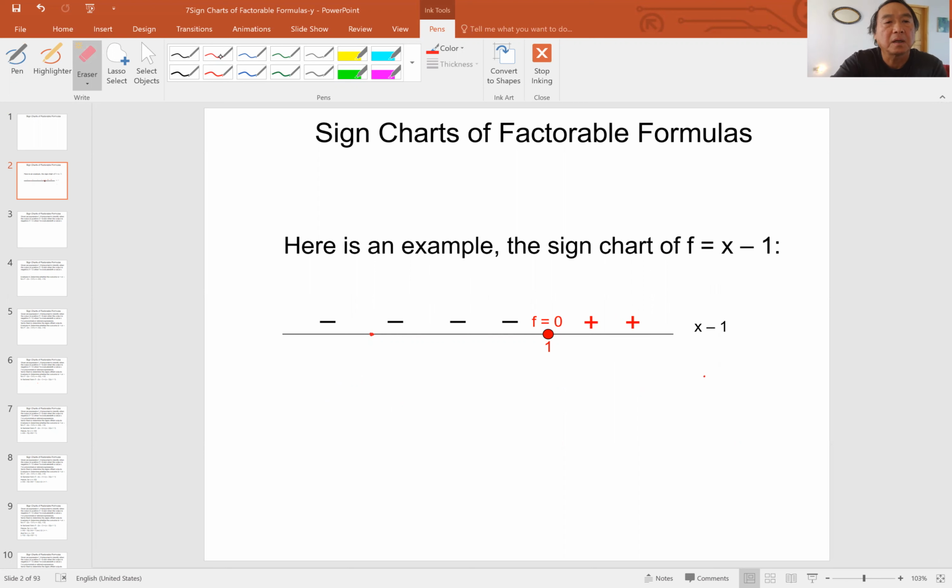Later on we'll extend this information by stretching it into two-dimensional graphs. Therefore, the sign chart is a very important tool that we use in analyzing the graphs of factorable formulas.